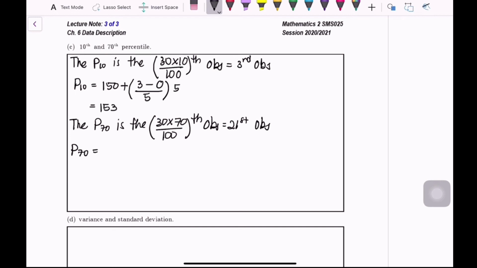P70 is equal to the lower boundary for P70, which is 165, plus 21 minus the cumulative frequency before P70, which is 16, over the frequency for P70, which is 6, times C, which is equal to 5, so P70 is equal to 169.17.